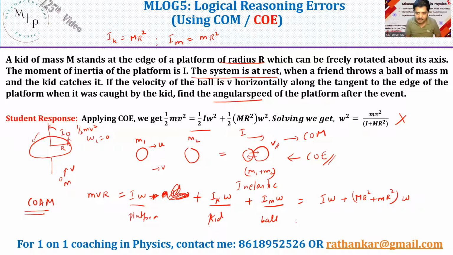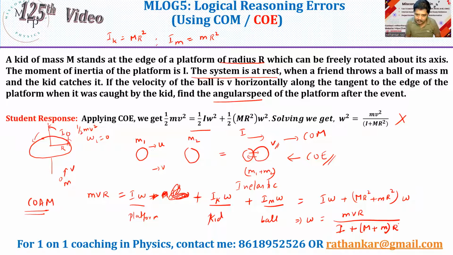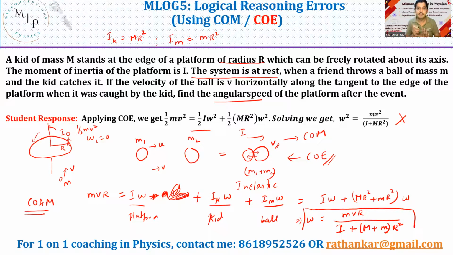So the angular velocity omega should be equal to mvr divided by I plus M r square plus m r square. This is the expression for the final angular velocity. I hope you have understood this problem.